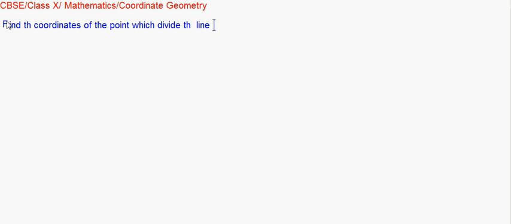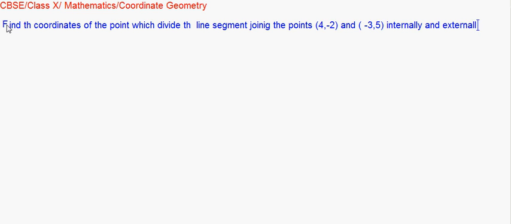Find the coordinates of the point which divides the line segment joining the points, if you recall the figure, these points mean they are referring now to the points A and B, which we learnt in the previous figure, minus 3 and 5, internally as well as externally, and the given ratio is in the ratio of 2:3.